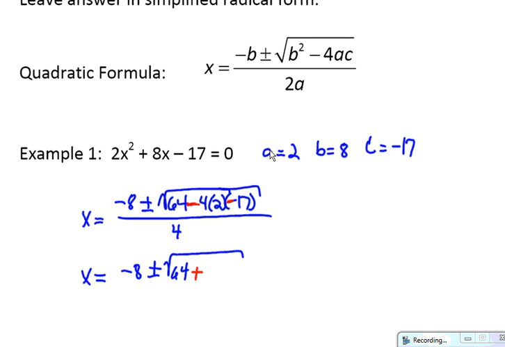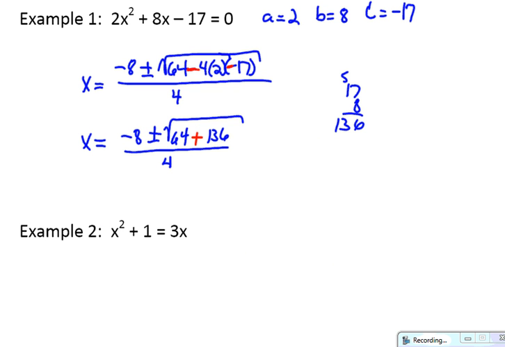Let's multiply out 8 times 17. Let's see what that is. 6, carry your 5. That's 136. So 64 plus 136 all over 4. So then, let's erase this over here. Then that will give us x is equal to negative 8 plus or minus the square root of 200 over 4.